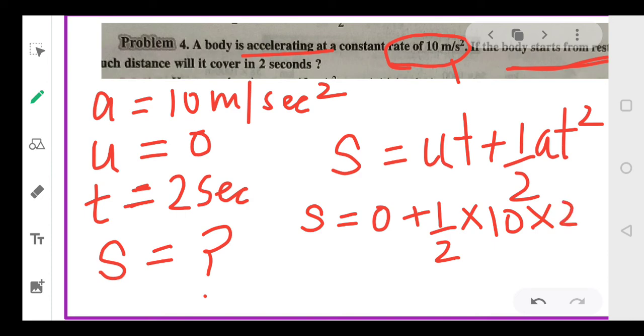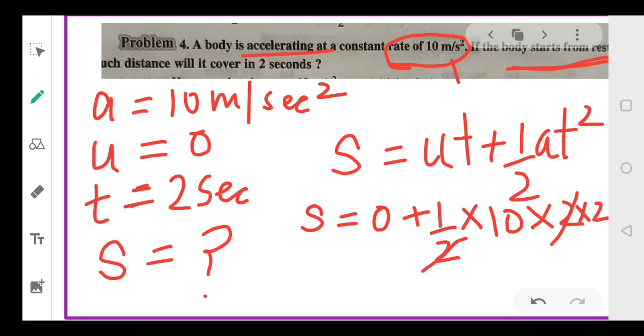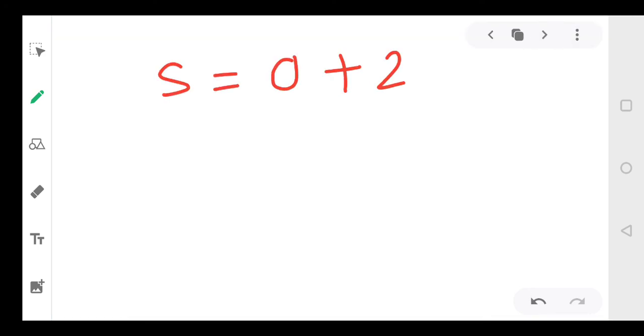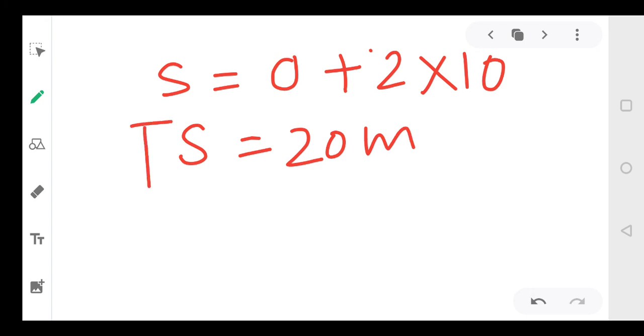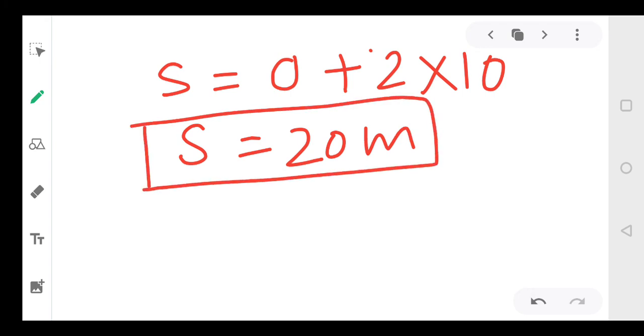So into 2 into 2. So the 2s cancel. So 10 multiplied by 2 is 20. So S is equal to 20 meters. So what is the distance, dear students? S is equal to 20 meters. Isn't it? I hope you have enjoyed the second numerical.